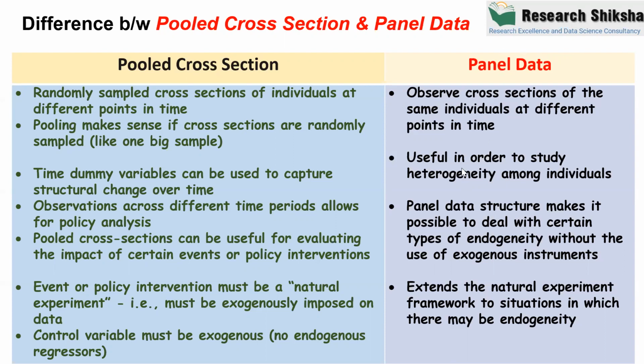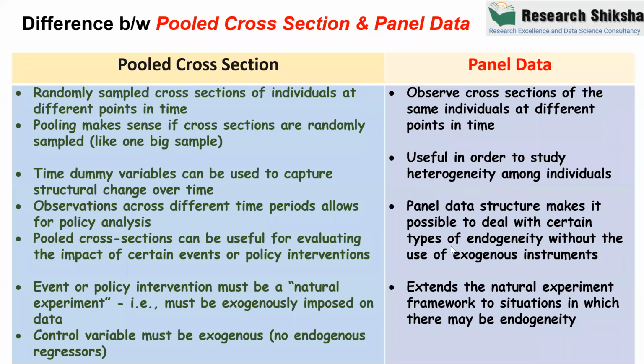In panel data, heterogeneity is very important. In pooled data, heterogeneity is not important. We assume that all the people are the same, and the impact of the independent variables on the dependent variable is the same. However, in panel data, this heterogeneity plays a very important role, and based on this heterogeneity, you have to decide the models, right?